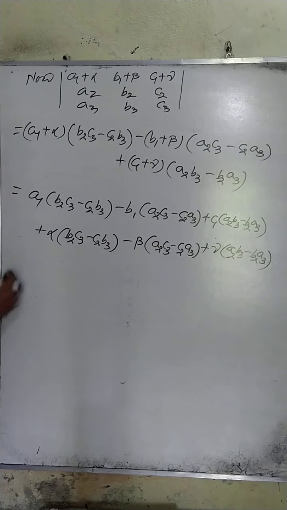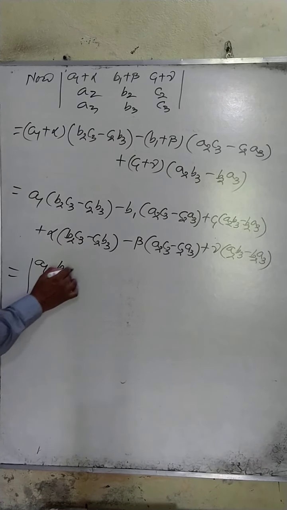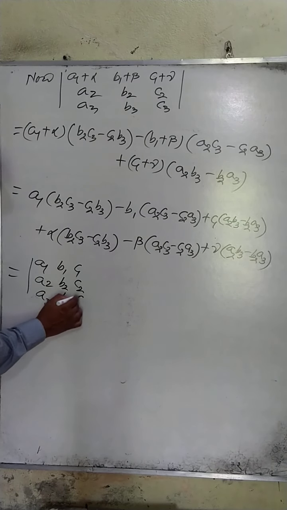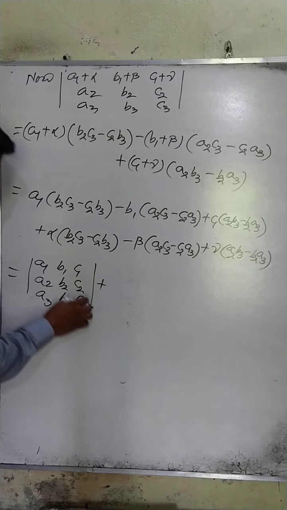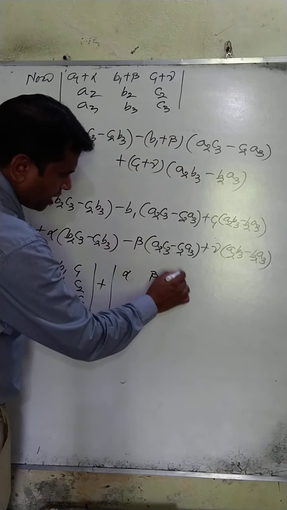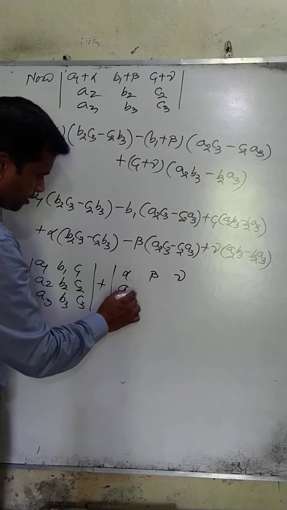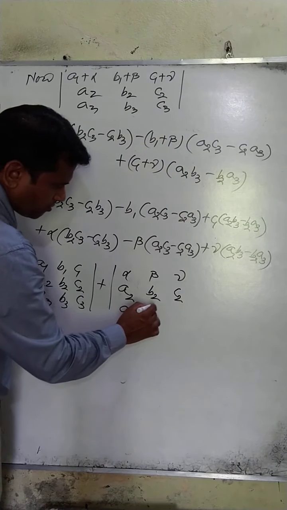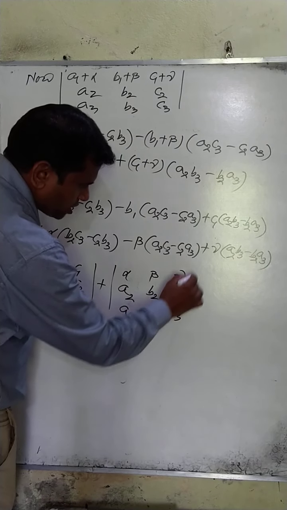Okay, this is the expansion of the determinant A1, B1, C1, A2, B2, C2, A3, B3, C3, plus this is the expansion of the determinant alpha, beta, gamma, A2, B2, C2, A3, B3, C3.